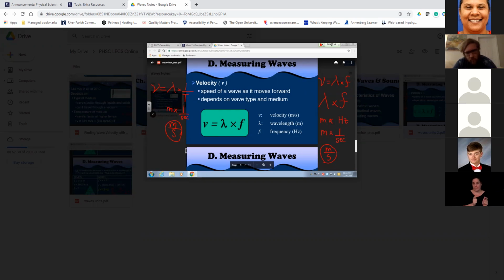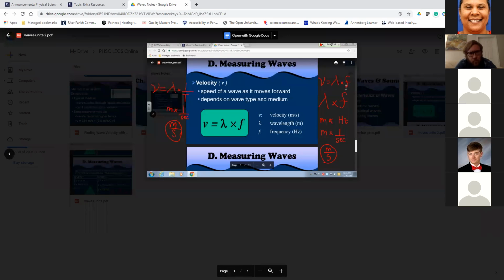But what I break down for you is the two ways that we can find speed: by taking wavelength times 1 over the period, and the appropriate units equate to meters per second, or wavelength times frequency, where we are using the unit hertz for frequency, but it can be broken down in terms of seconds. And so we also get meters per second if we utilize this form of the universal wave equation.